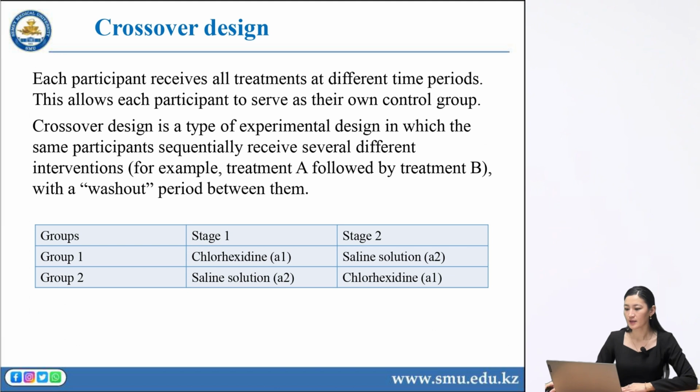Crossover design is a type of experimental design in which the same participants sequentially receive several different interventions, for example, treatment A followed by treatment B, with a washout period between them. Here there are two groups in this table, and the first group will use the first medicine in the first stage. After some time they will change their treatments.